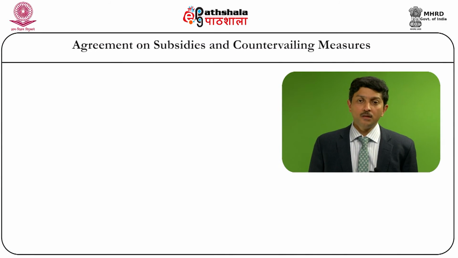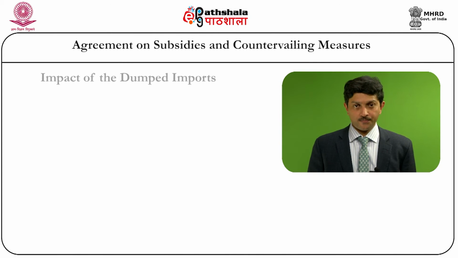Article 15.2 provides that no one or several of these factors can necessarily give decisive guidance. So, examining the relative increase in the volume of import is an extremely important criterion in the volume effect analysis in every CVD investigation.